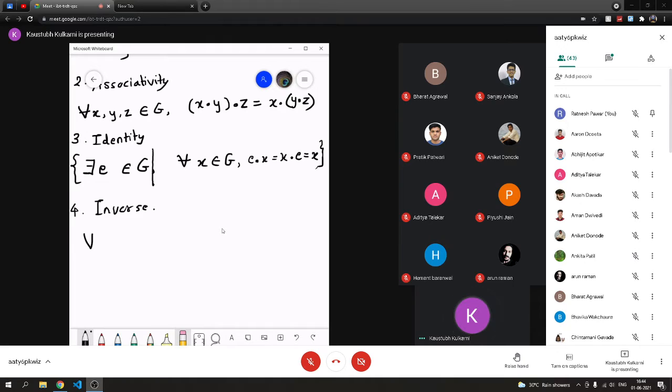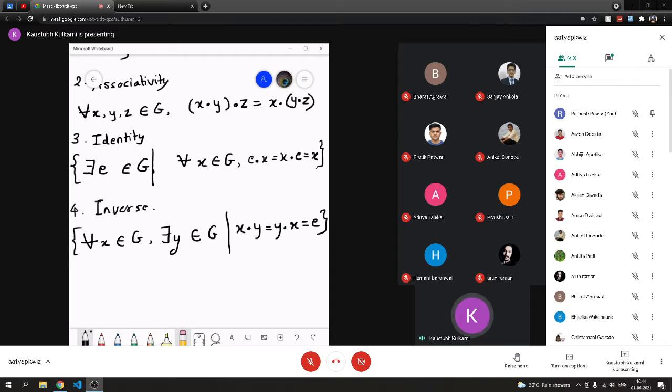Inverse means for all x belonging to G, there exists y belonging to G, again in set builder form, such that x . y is equal to y . x is equal to E. Now here the issue is, as you have studied in matrices, inverse and identity.